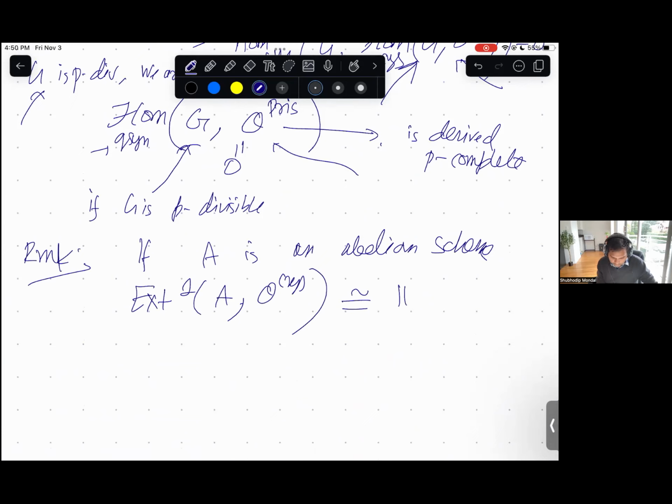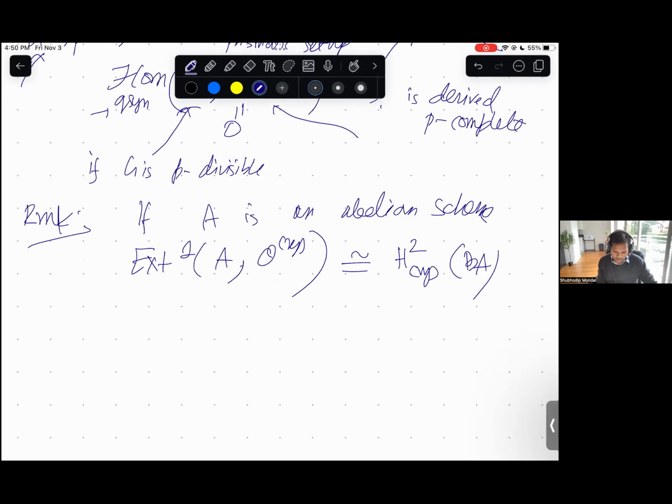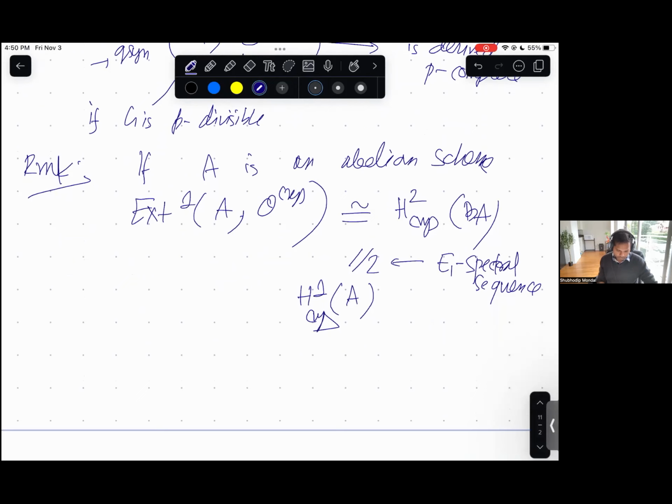This would say that this is H2 crys of BA, and so you can use the E1 spectral sequence, as you said, to prove that this is H1 of A. So maybe you get a slightly different proof of this isomorphism than what appears in Berthelot-Breen-Messing, where I think they resolve A by free abelian groups on A.